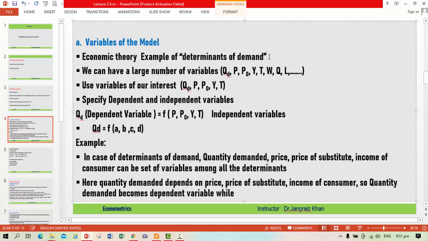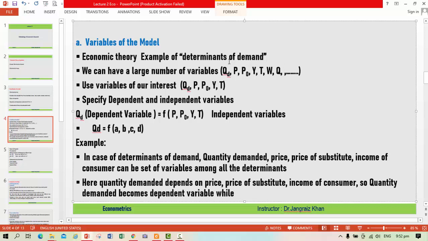The variables which can affect the demand, we can have a list of variables. In the specification of the model, we specify the variables. For example, the quantity demanded, the price, P0 means the price of substitute, Y means income, T the tastes and preferences, W weather conditions, quality, etc.